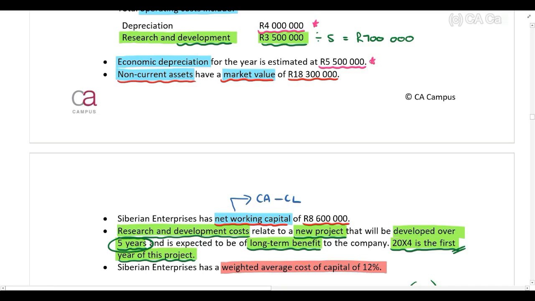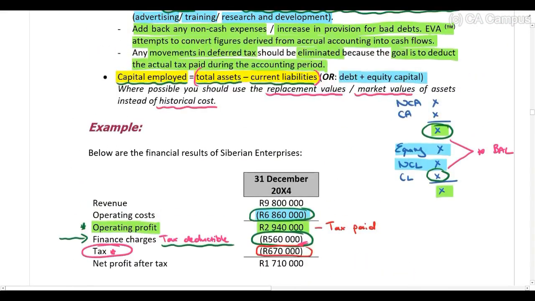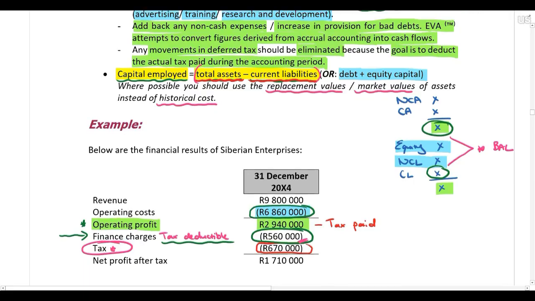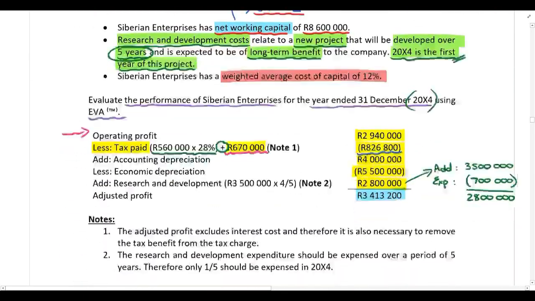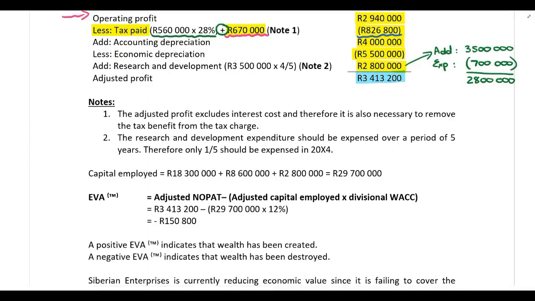And remember, your net working capital is just your current assets minus your current liabilities. So in this example, we will be following this approach where we take our total assets, our non-current assets, and our current assets, and we deduct our current liabilities. So that's the value of my non-current assets and my net working capital.